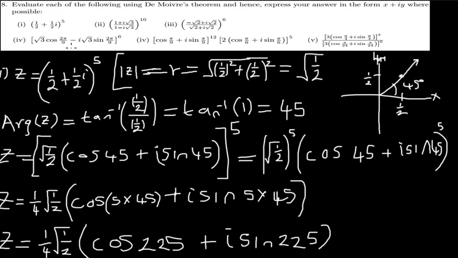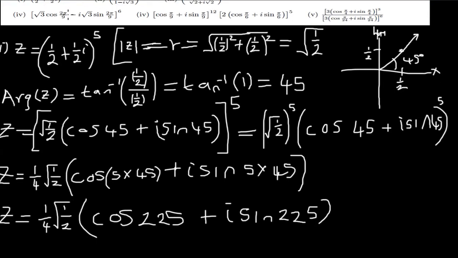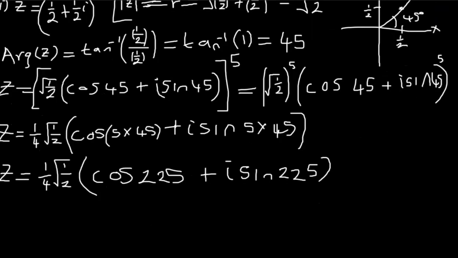So this one is already in polar form, so this is straightforward. Let me just do it very quickly. It's the root of 3 cos 2 pi over 9 minus the root of 3 sin 2 pi over 9, raised to the power 6.